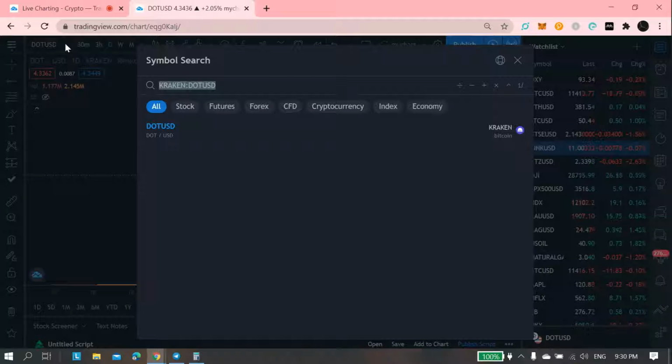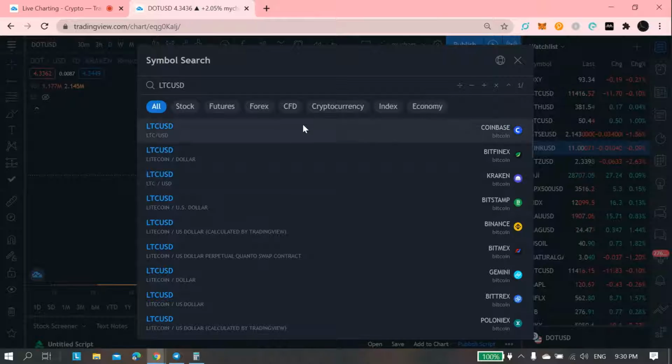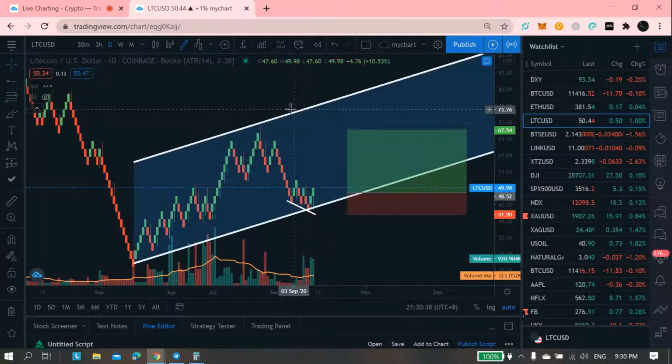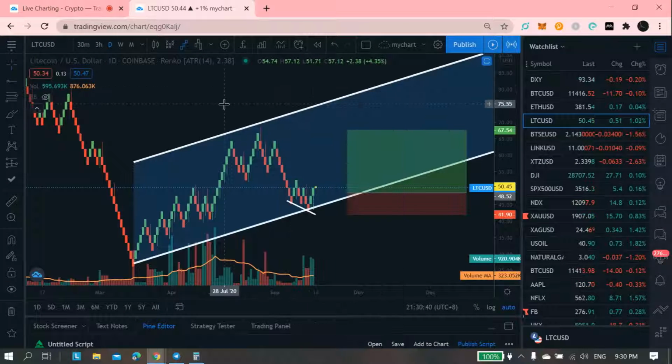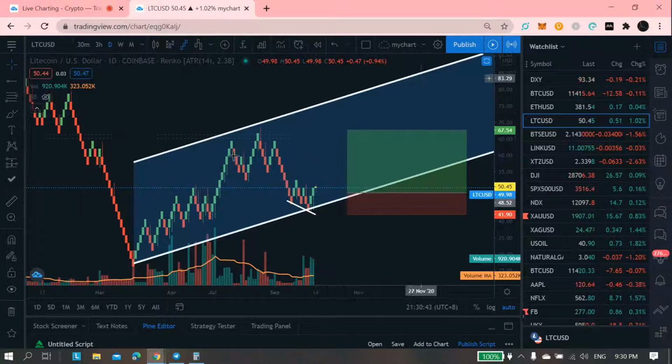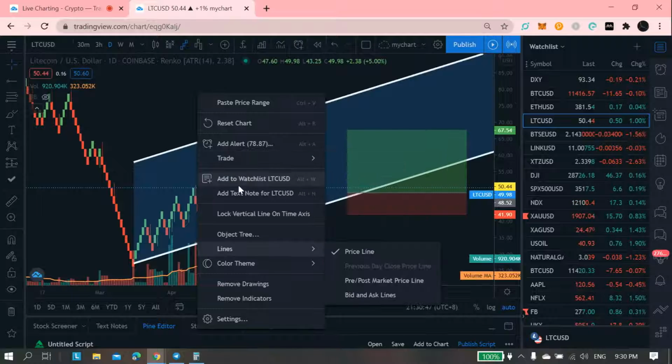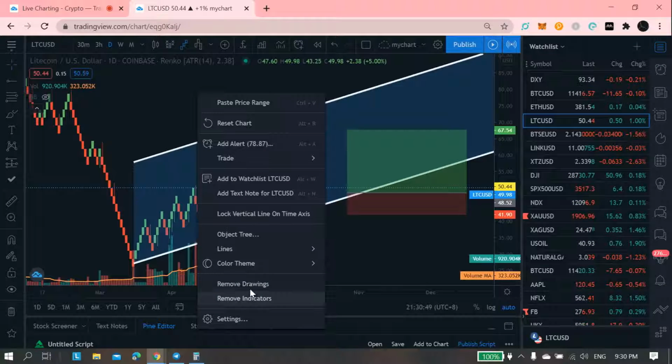Let's move on to LTC USD. So let's also use Coinbase. I also have a long position here. Anyway, let's just remove the indicators and the drawings.